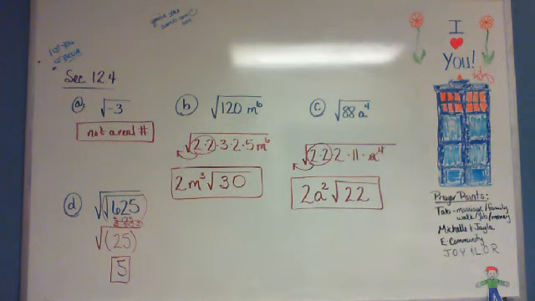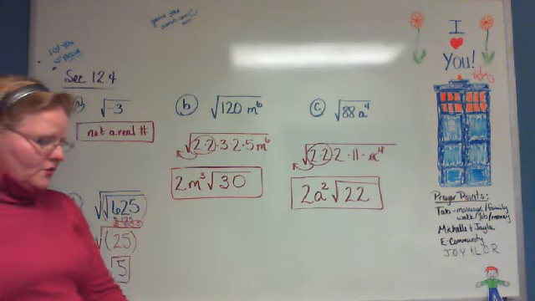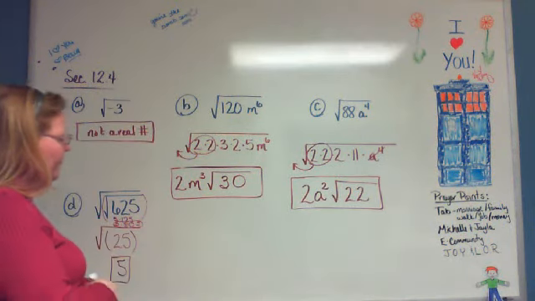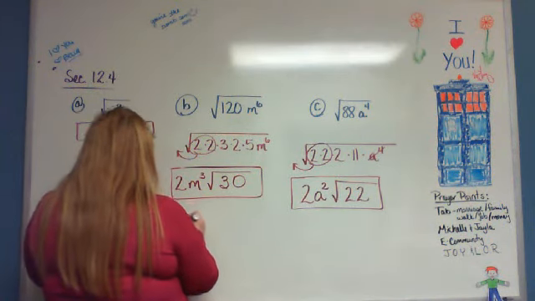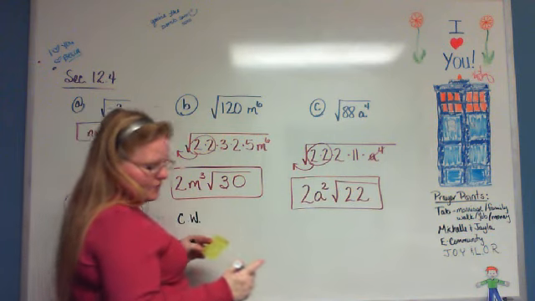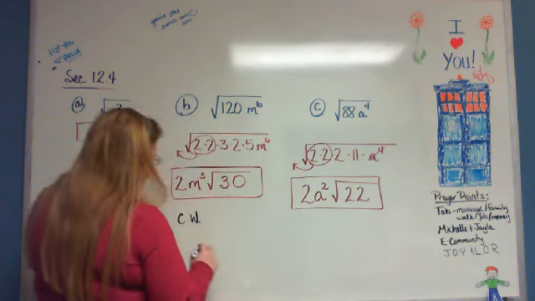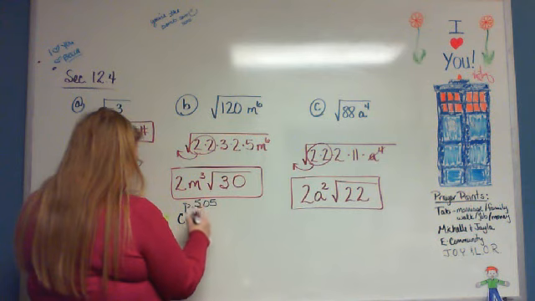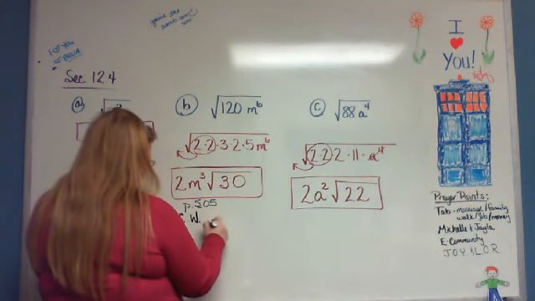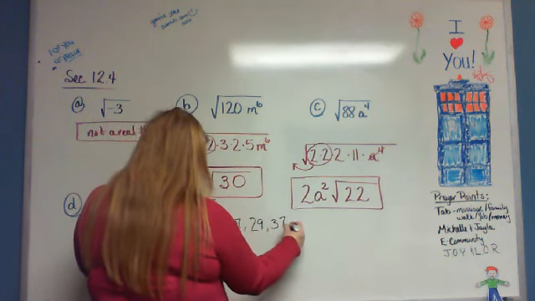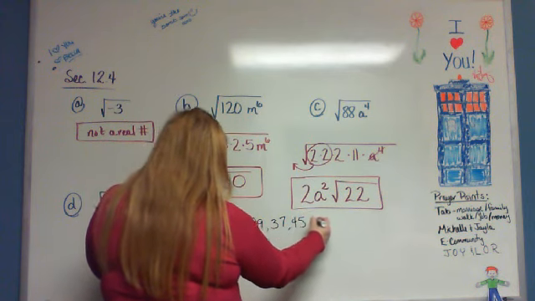Alrighty. Which brings us, very quickly I might add, to classwork and homework. And since it was so quick, I don't mind giving you a whole bunch of each. So for classwork, you have numbers 9, 17, 29, 37, 45, and 49.